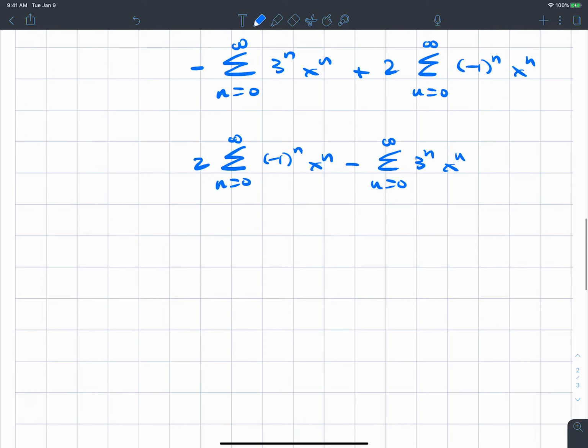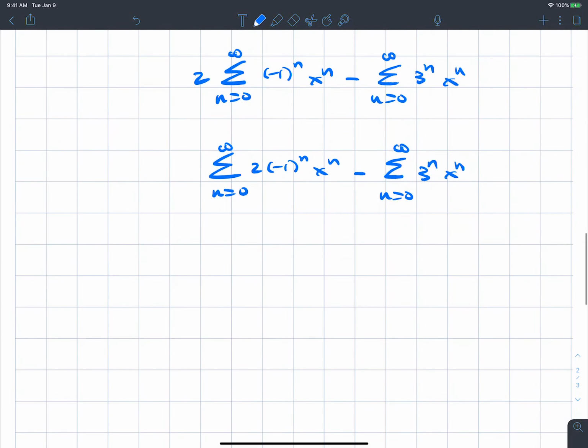We're going to put those values inside. And we're now going to put this under that single summation sign.